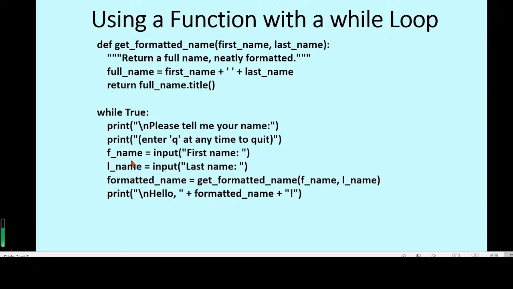Next, create 2 variables called fName, to get the information of the first name, and lName, to get the information of the last name the user inputs. Then format the name by calling this getFormattedName function, and store the returned full name in formatted name. Then print a message including this formatted name.